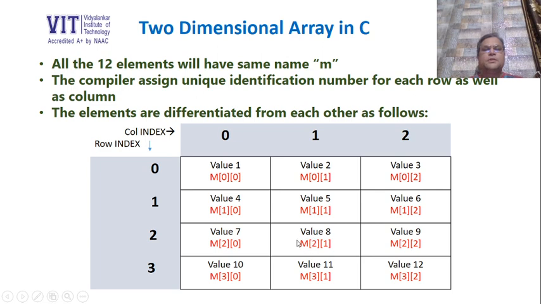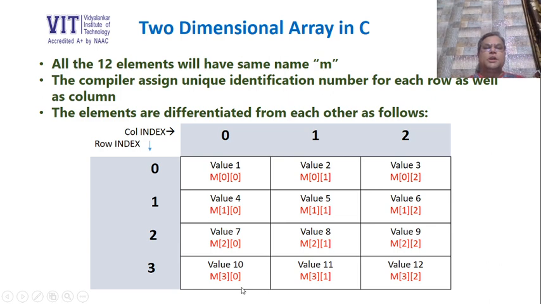As you can see, the name of this particular element will be m, its row index is 2, and its column index is 1. So whenever we say m[2][1], it will identify this location out of the 12 locations that we have declared or created.